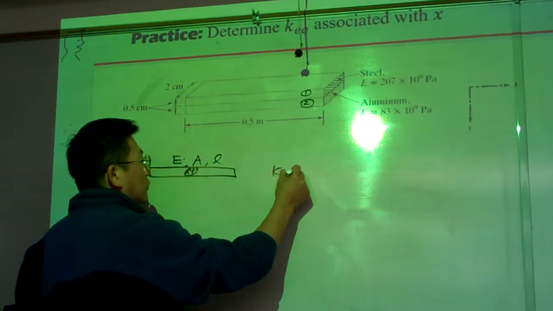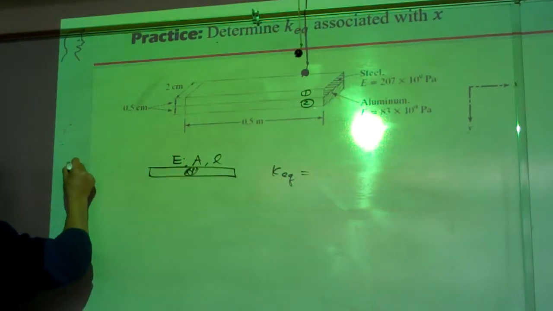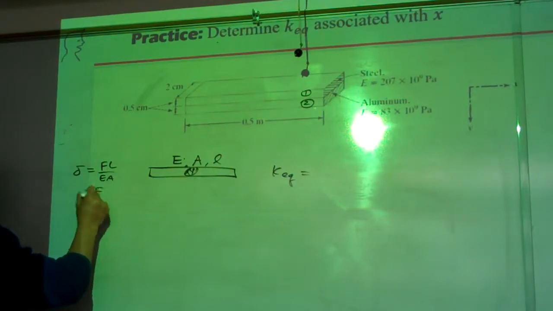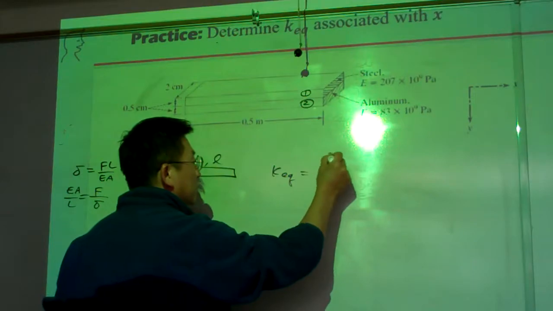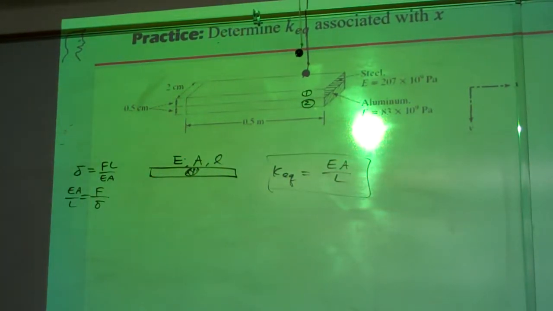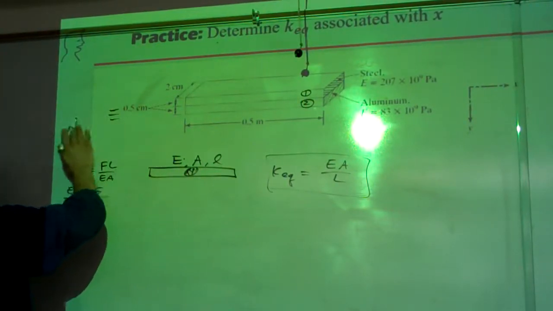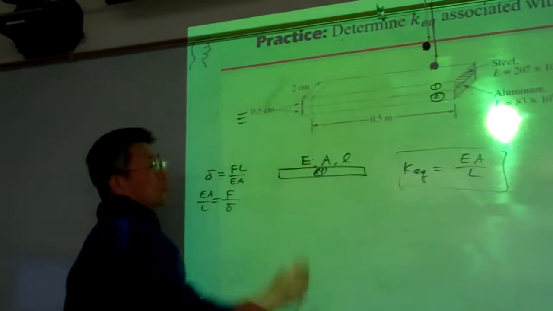We know the KEQ for a bar is equal to, I forgot, delta equal to FL over EA, and F divided by delta equal to EA over L, okay? So the KEQ is EA over L. We take up this template, okay?